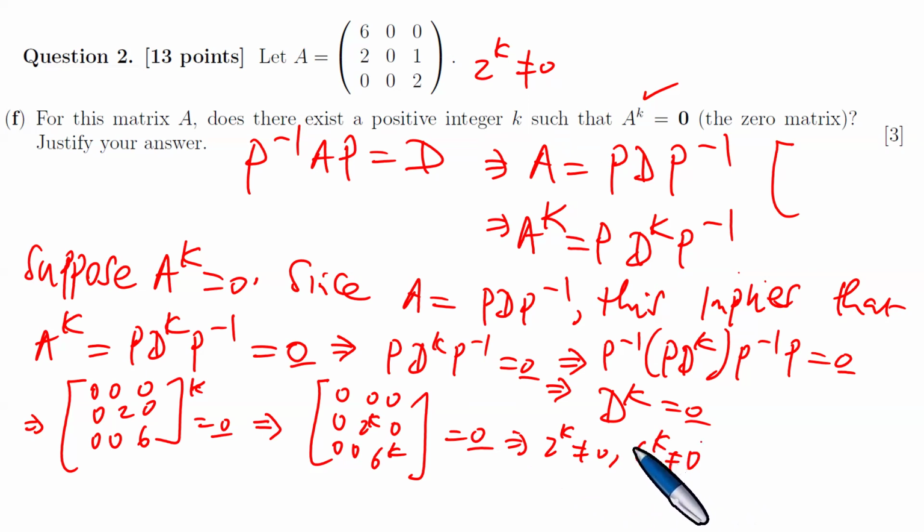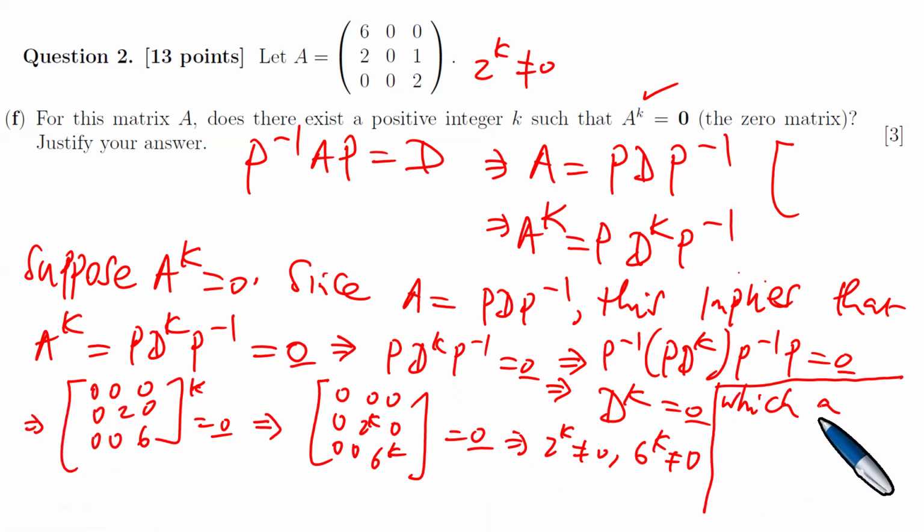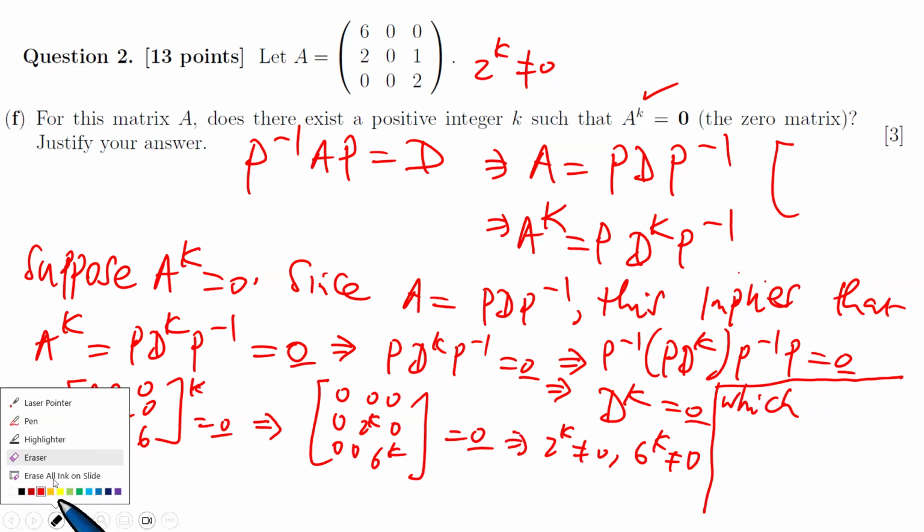And because of this, which is a contradiction, since this matrix D is not 0.